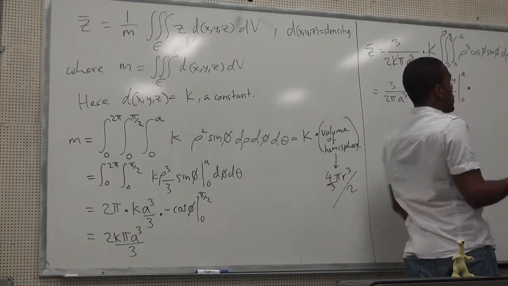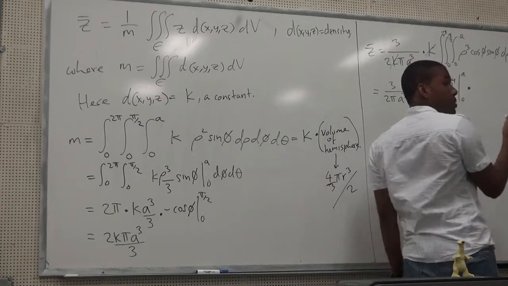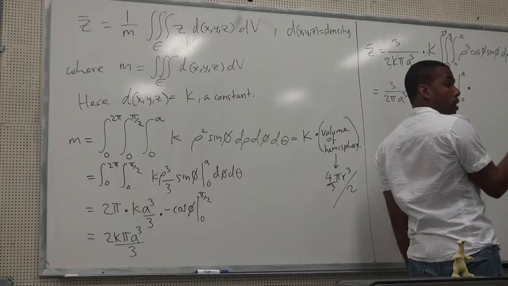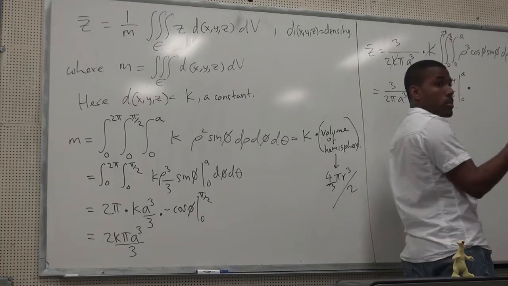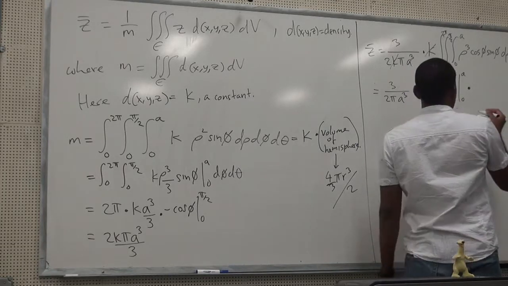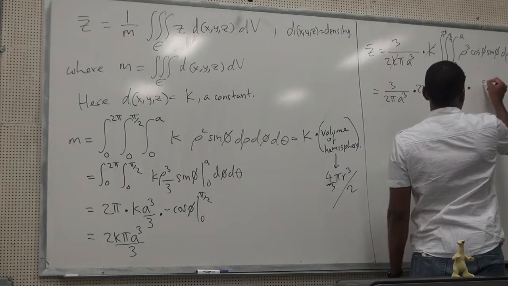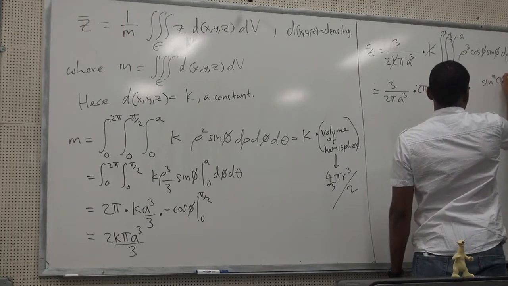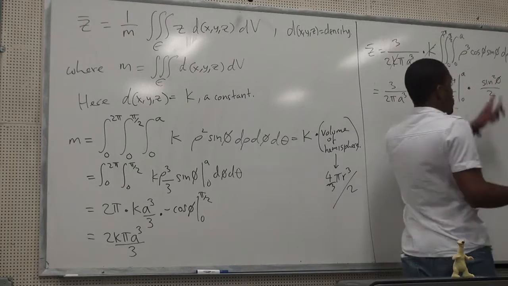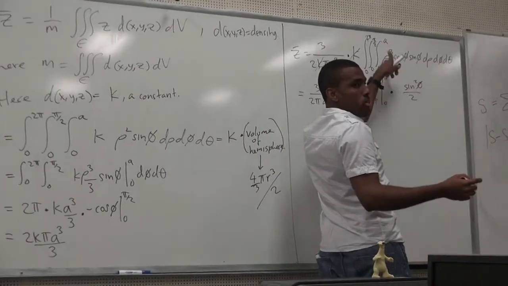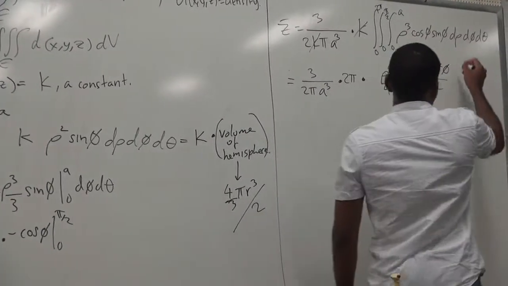What's the integral of cosine times sine? Half the double angle formula. Yeah, you can do that, but you can also just do substitution, u equals sine, du is cosine. Oh, right, you could do it that way as well.